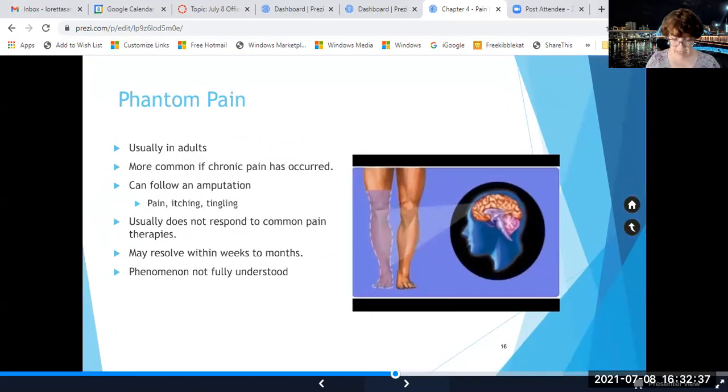So phantom pain is pain or another sensation such as itching or tingling that occurs usually in adults following an amputation. Someone that I know was in a car accident and had a below knee amputation, a friend of the family, and he had a prosthetic leg, and if he didn't tell you about it, you wouldn't know when you see him walking around.